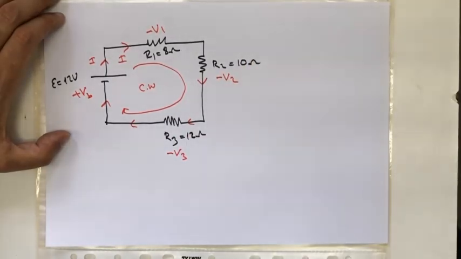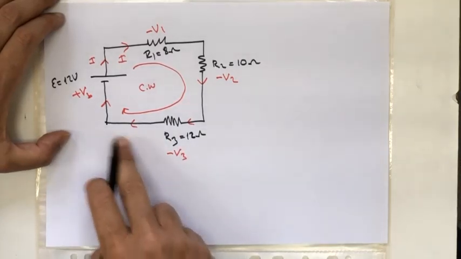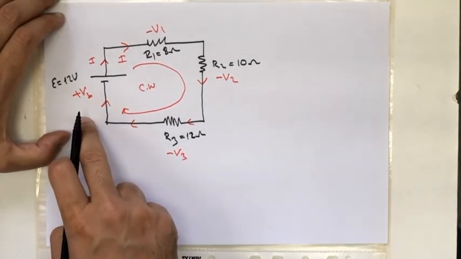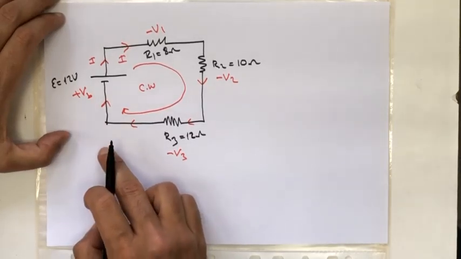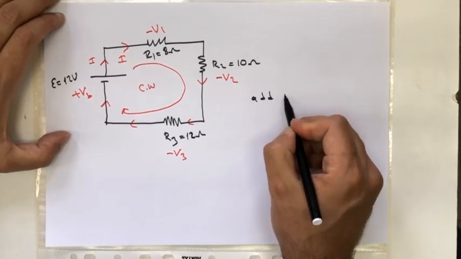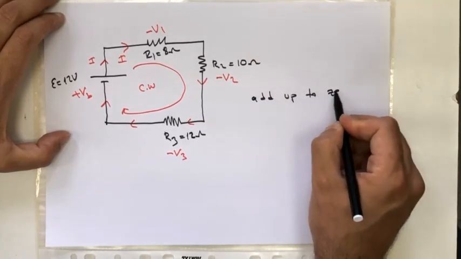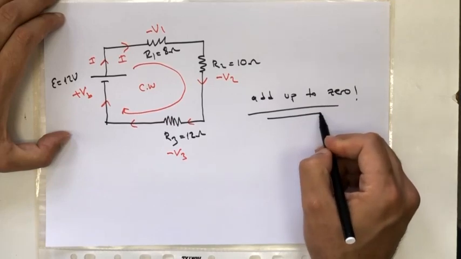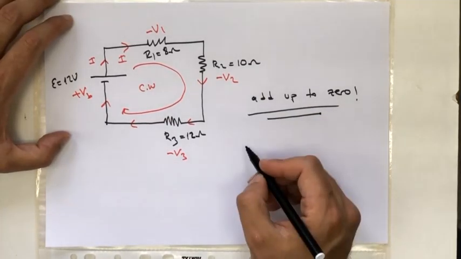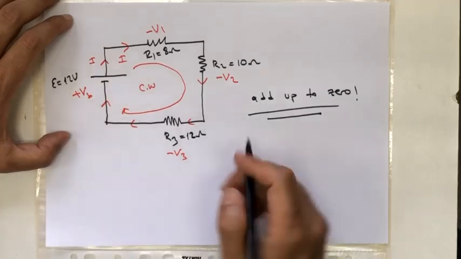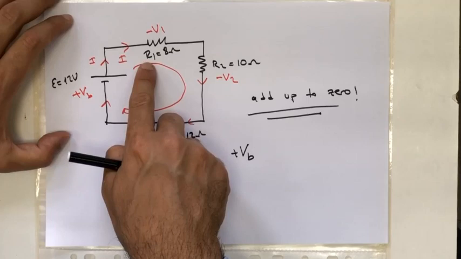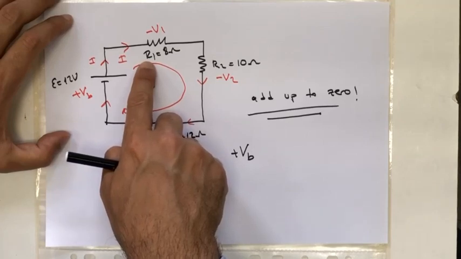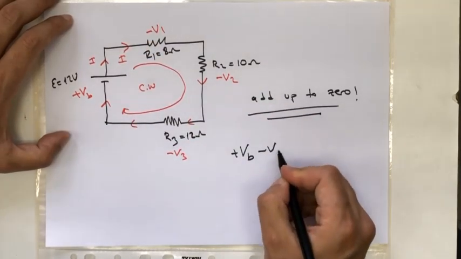We assign the potential differences like that. As the loop law states that the voltages must add up to zero, let me write here. I'm starting with the battery, plus V_B. Coming to R1, I will write the potential difference as minus V1.